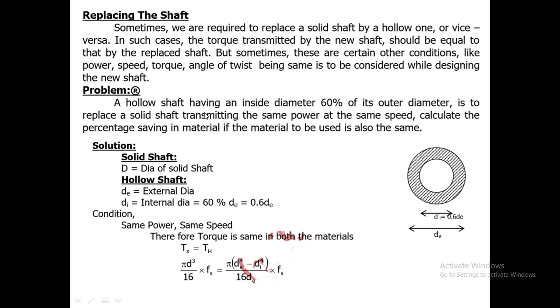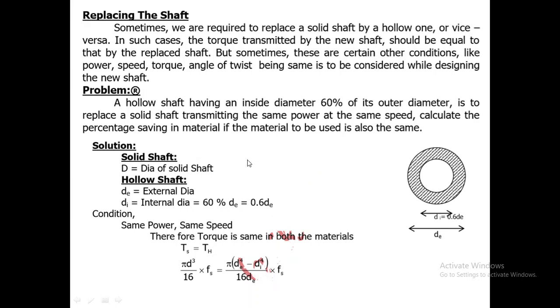where a hollow shaft with inside diameter 60% of its outer diameter has to be replaced with a solid shaft, and the power transmitted should be the same and also the speed should be the same. In such a case we have to find out the percentage saving in material if we use the same material for both the shafts.